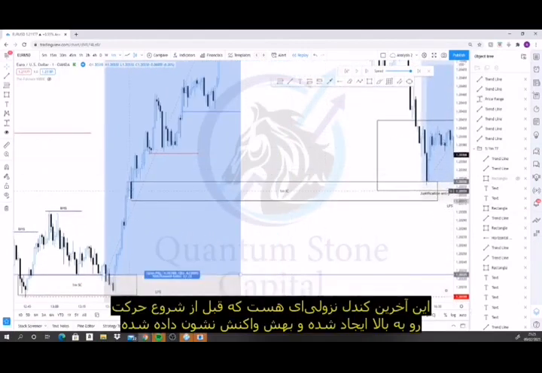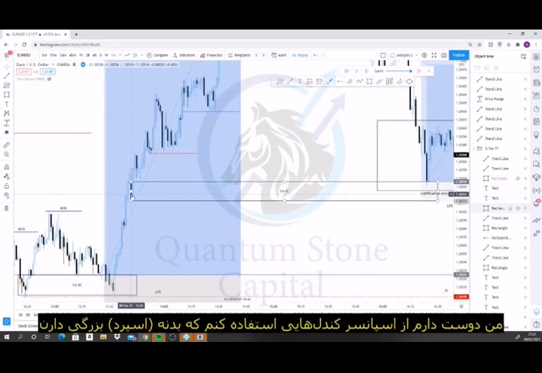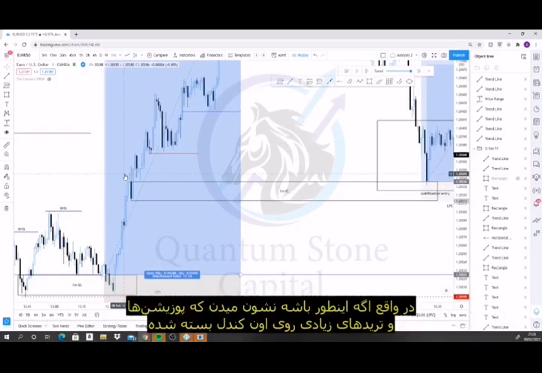In saying that, this was the last down candle before the up move that hadn't had no prior mitigation to it. Yes, this was another candle as well, but I just prefer this sort of bodied. I like using sponsor candles that have a big body to it. It basically indicates that, you know, a decent / large amount of orders were placed in that specific candle.